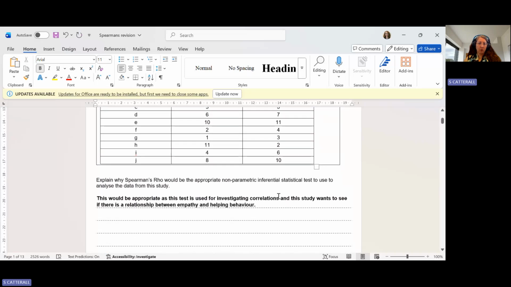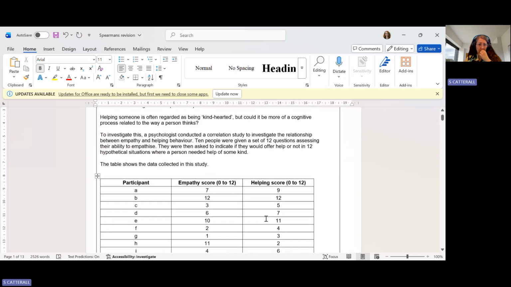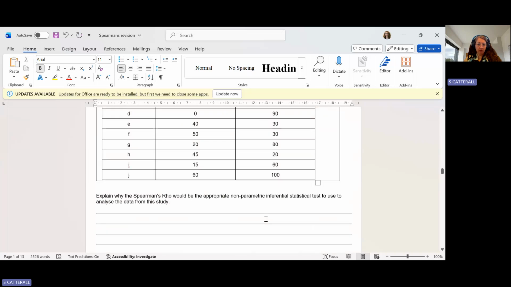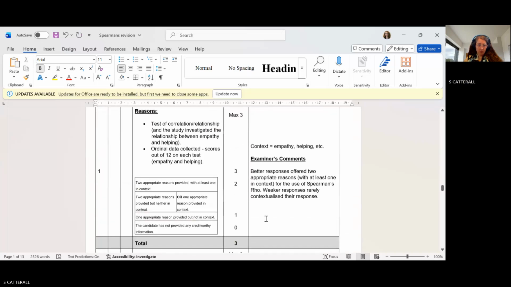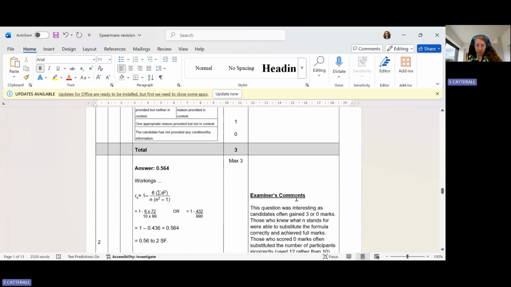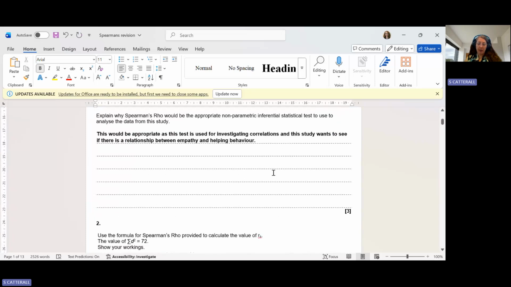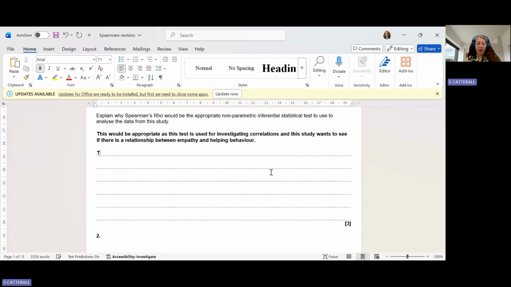I'm just questioning this one because on the mark scheme it said ordinal, and the scores were collected out of 12 in each test. So ordinal data: any kind of rating is usually ordinal data.